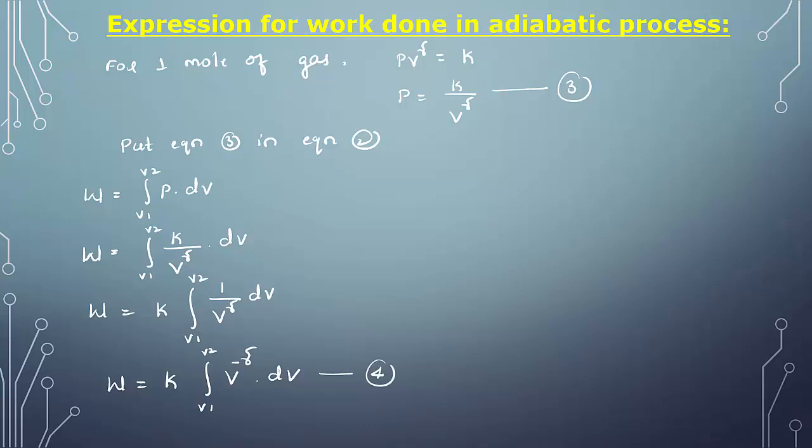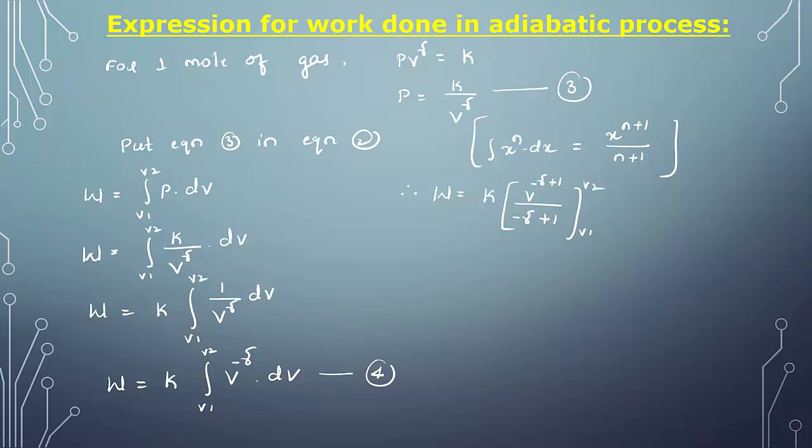Here we can use a standard equation. We know that integration of x raised to n into dx is equal to x raised to n plus 1 divided by n plus 1. So this equation we can utilize here. Therefore, equation 4 can be written as W equal to K into integration of V raised to minus gamma. N means what here? Minus gamma. So we can write the equation as V raised to minus gamma plus 1 divided by minus gamma plus 1 from the limit V1 to V2.